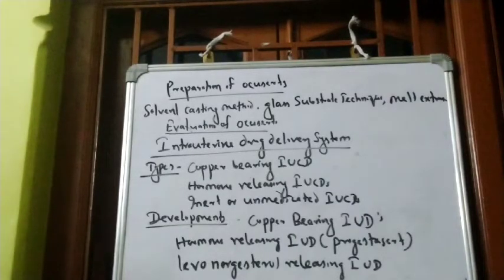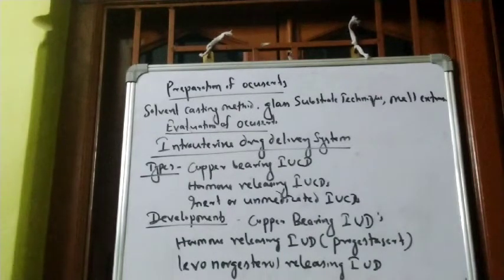Then coming to another part of this unit, the intrauterine drug delivery system. Shortly we call it IUD, and nowadays it is used by many women as a commonly reversible female contraception.